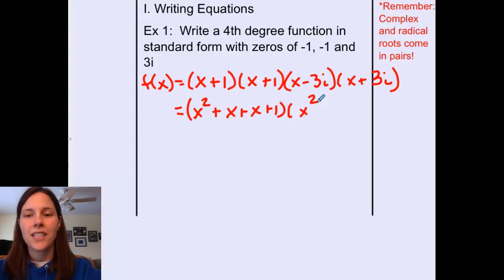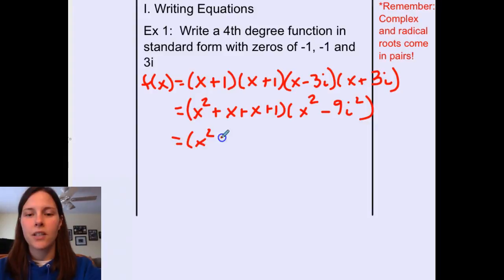Because they're conjugates, I can skip the inner and outer and just multiply the first and the last. So minus 9i squared. Simplifying this first piece, we get x squared plus 2x plus 1. Simplifying the second piece, remember i squared is -1 times the 9 is a positive 9.